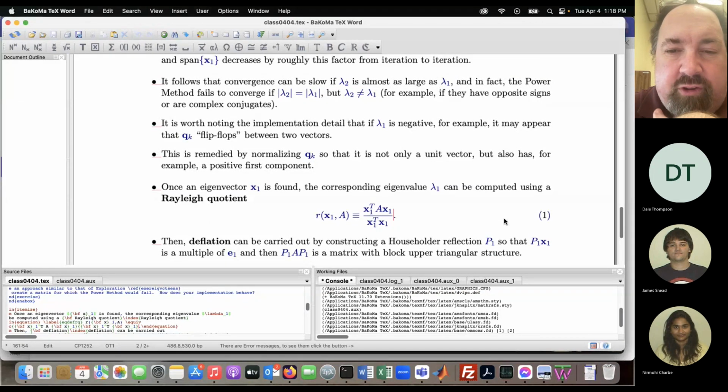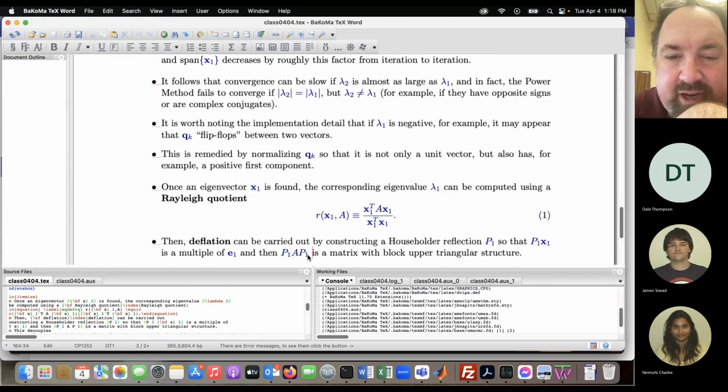So once you have an eigenpair, then you can carry out deflation. And as I mentioned last time, you make a Householder matrix so that when you apply it to your eigenvector, you get a multiple of e1. And as we saw previously, if you compute this matrix, this is a similarity transformation, because remember, for a Householder reflection, P1 is equal to P1 transpose, which is also equal to P1 inverse.